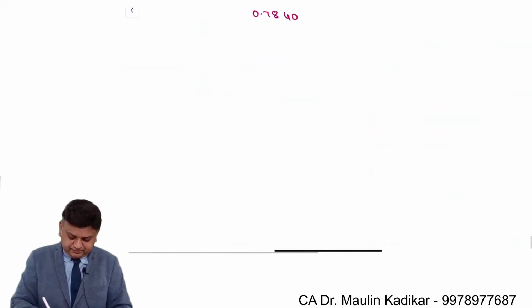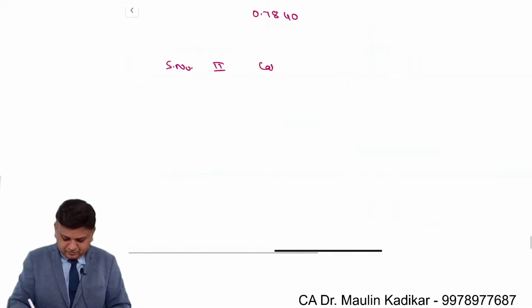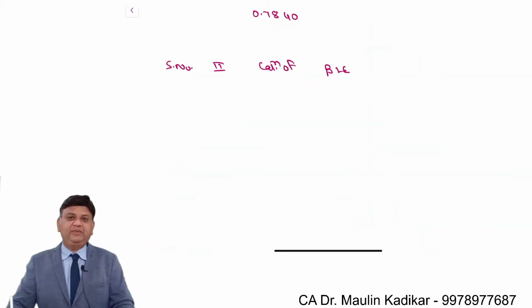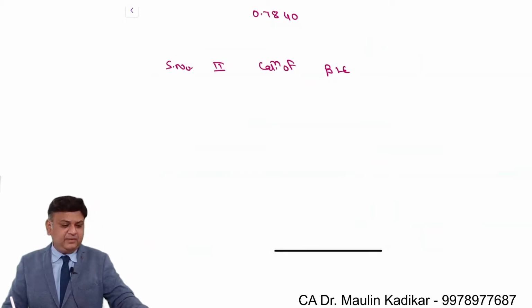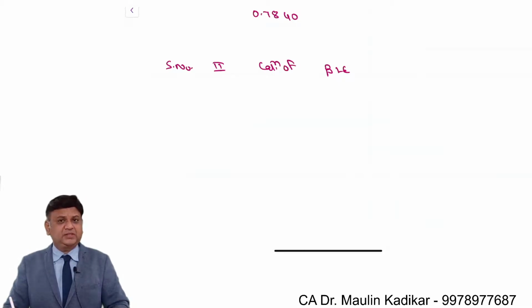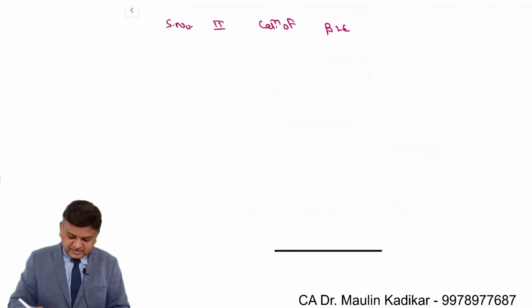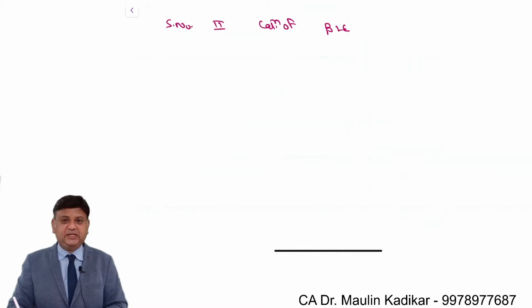Step number 2, calculation of beta of levered equity. It means the beta of equity applicable to X Limited for the capital structure having debt of 35%. So in that case, again, we will have working of the answer like this.